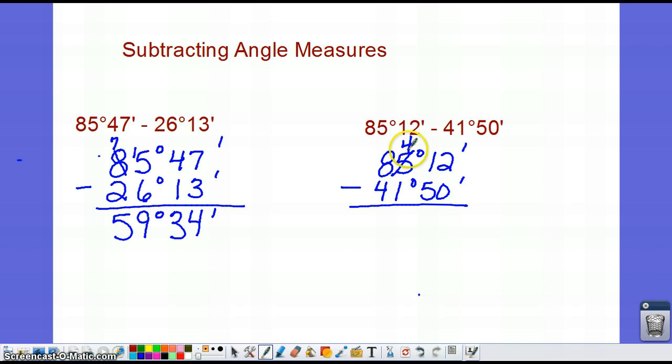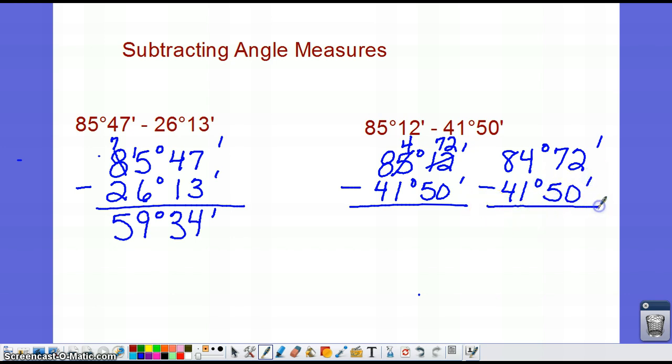But since every degree is 60 minutes, I'm going to add 60 to my 12. So now this is 72 minutes. So now my problem is 84 degrees, 72 minutes, minus 41 degrees, 50 minutes.